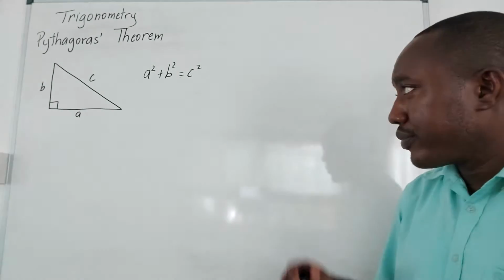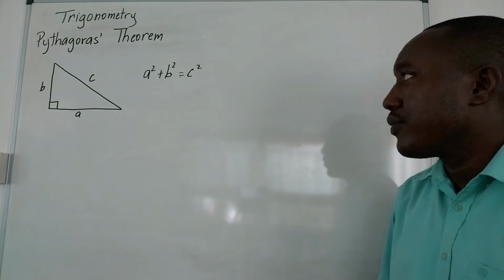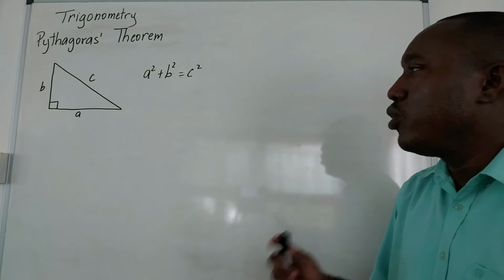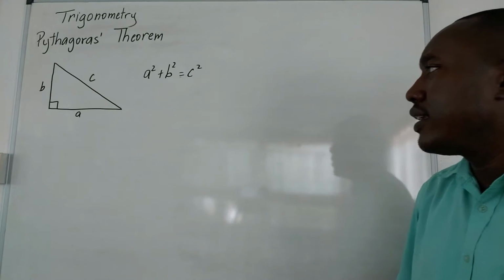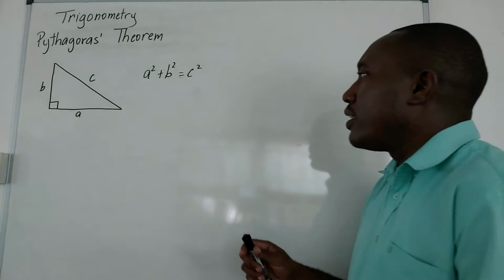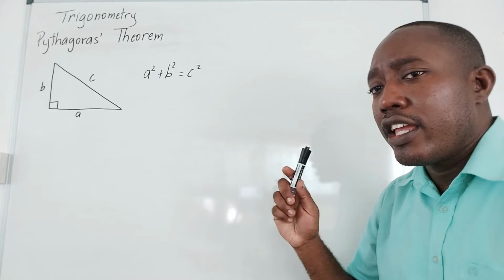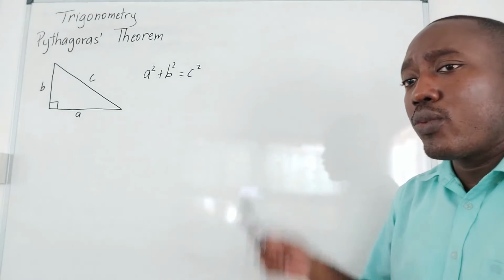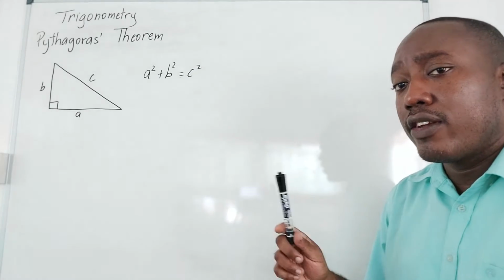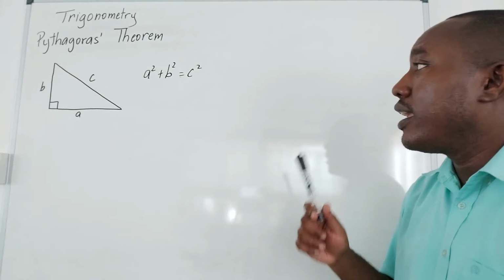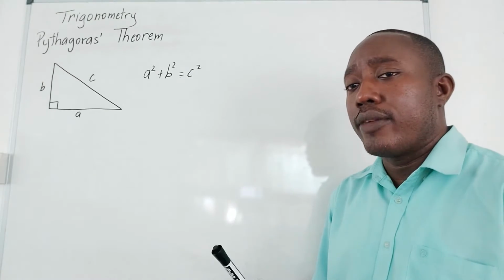Pythagoras was a mathematician who calculated the lengths of a right angle triangle. So when we hear about Pythagoras' theorem, it is dealing with a right angle triangle.